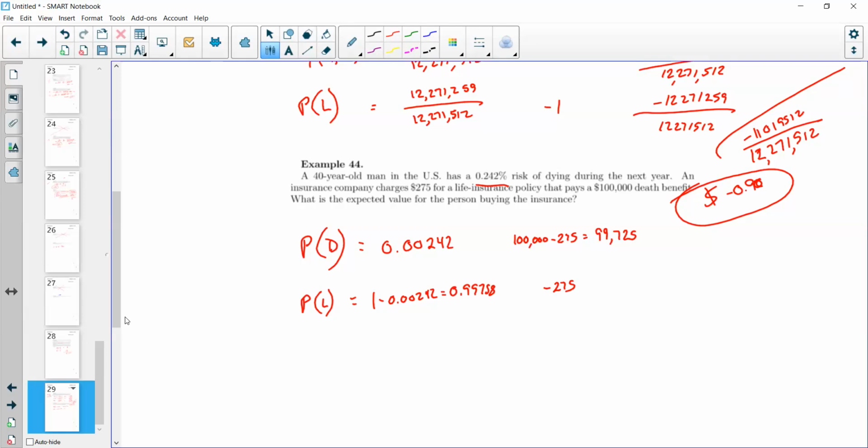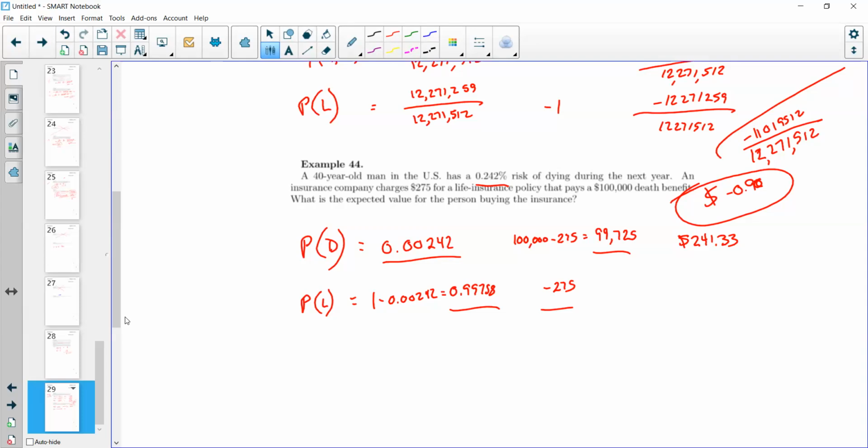So now, again, multiply probability times the net gain. Probability times net gain. And what do we get? So I have 0.00242 times 99,725. That gives me $241.33.